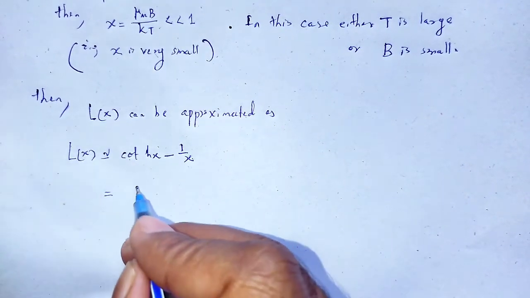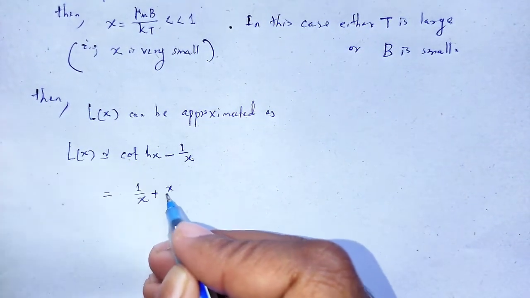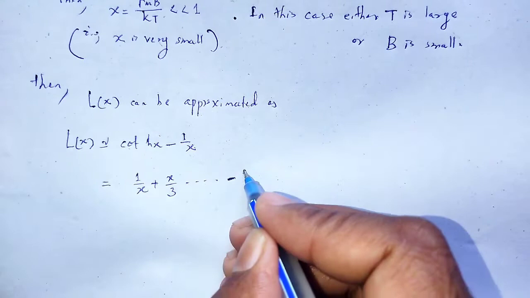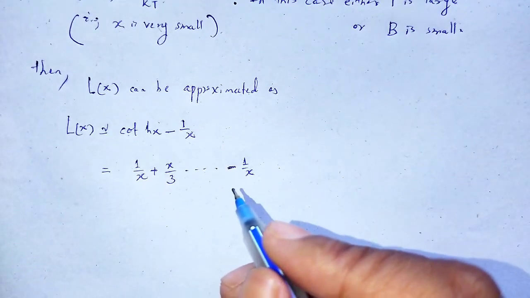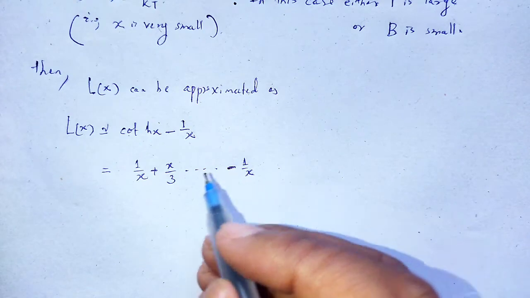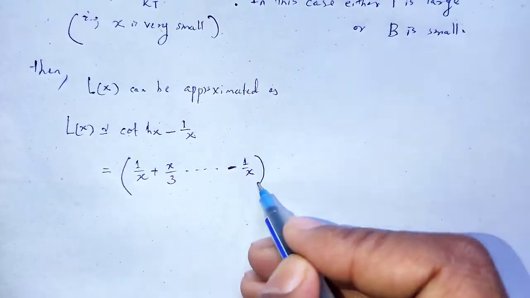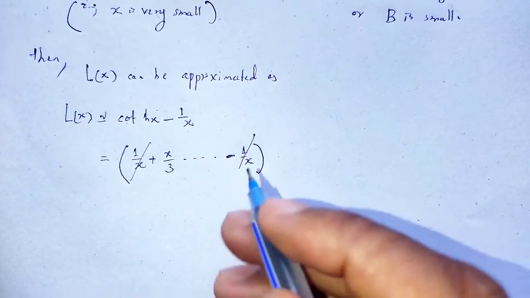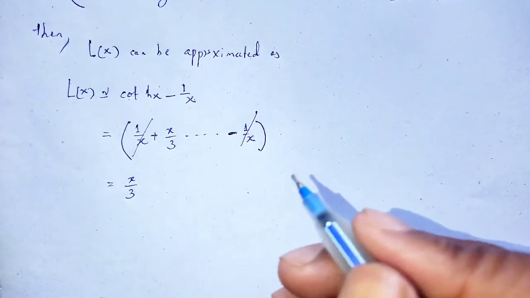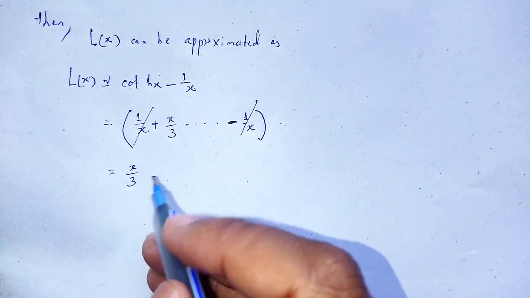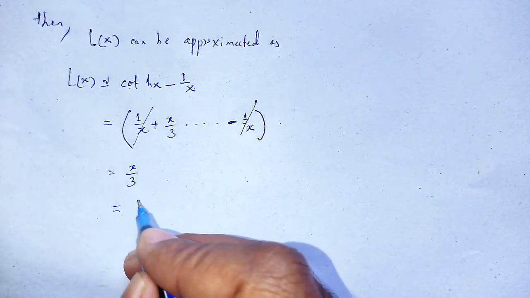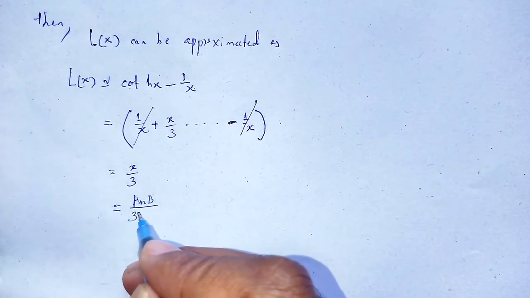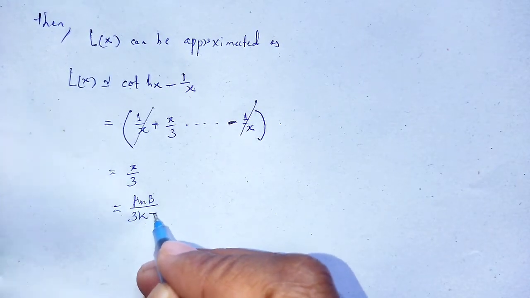Expanding coth x is 1 by x plus x by 3; the higher terms are neglected, minus 1 by x. Therefore we obtain 1 by x plus x by 3 minus 1 by x, that is x by 3, with x as mu m B divided by kT, so L of x is mu m B divided by 3 kT.